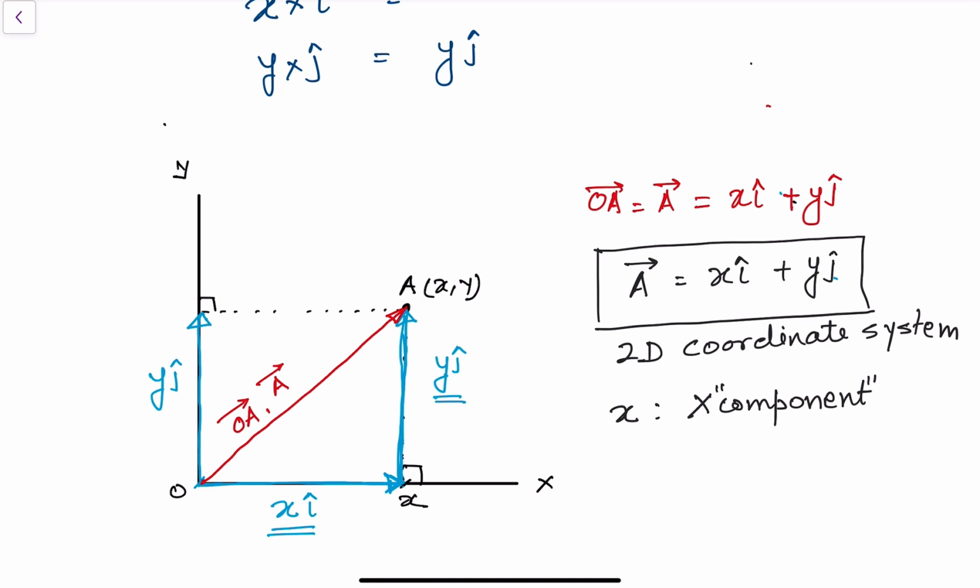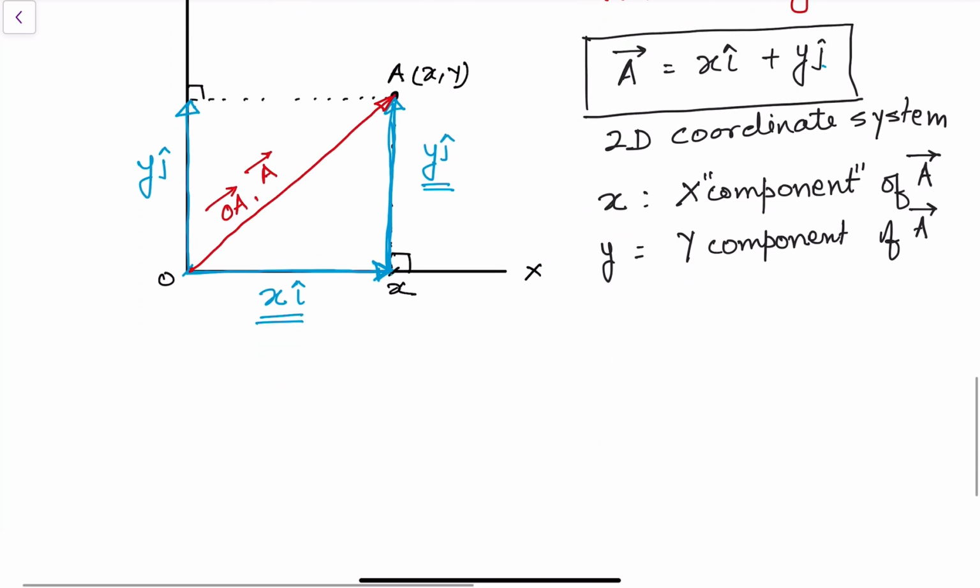It is called the x component of vector A. The x is called the x component of vector A, and small y is called the y component of vector A. Is that clear? Now suppose, how will you get the magnitude of A in this case? This is the vector representation. How do we get the magnitude of A?